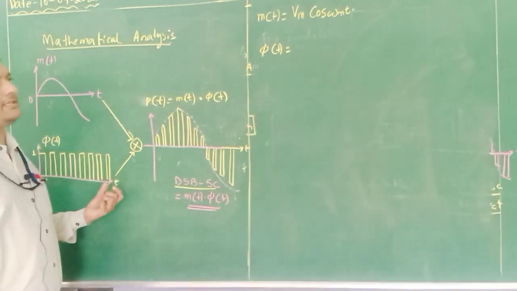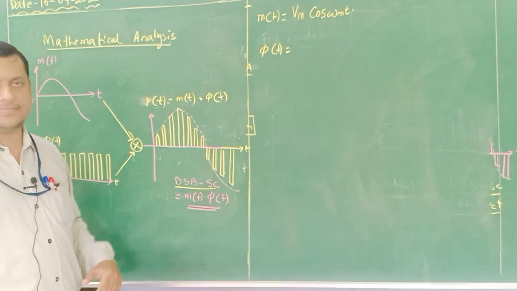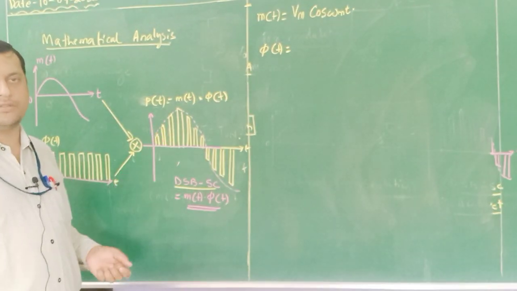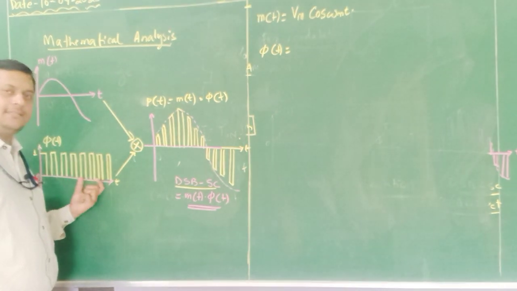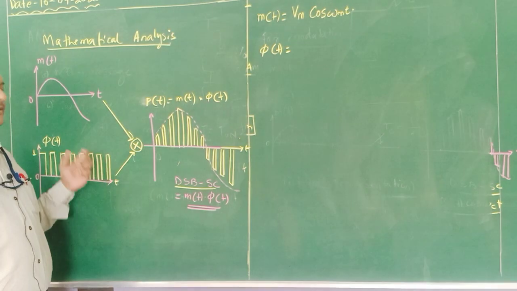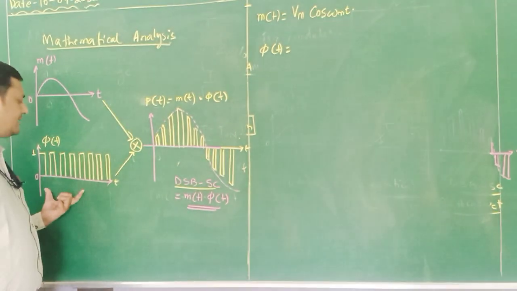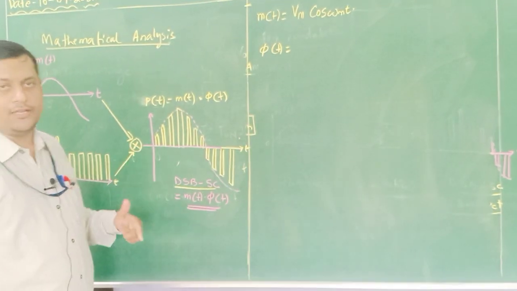Any signal which is periodic in nature and has a fundamental time period T can be represented in terms of a Fourier series, because we need to represent these signals in mathematical terms so that the mathematical equation for AM we can derive. So if this is a periodic sequence, I need to represent it in a Fourier series.